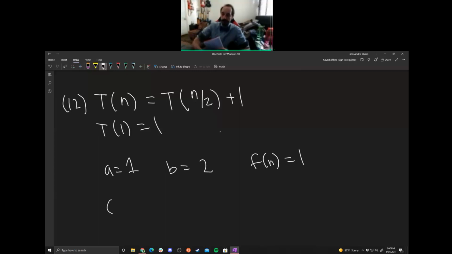And then c is log base b of a, which is log base 2 of 1, which I believe would be 0, because log of 1 will always be 0.